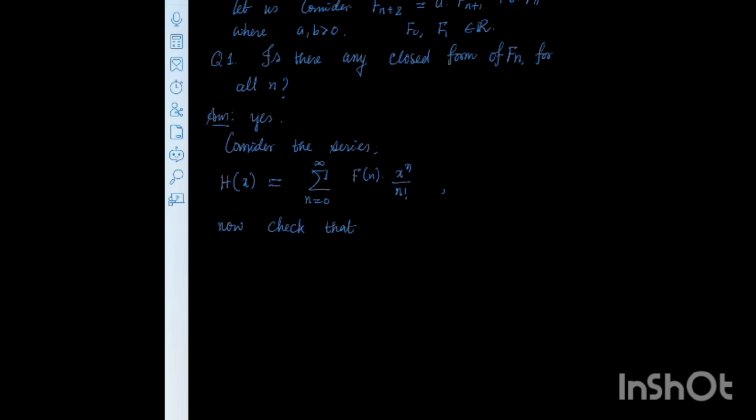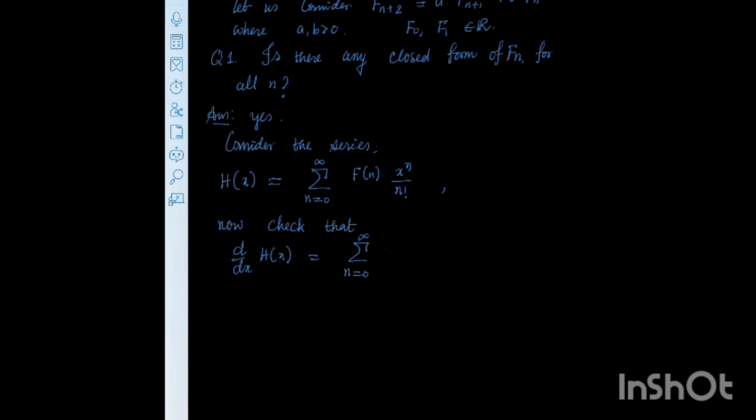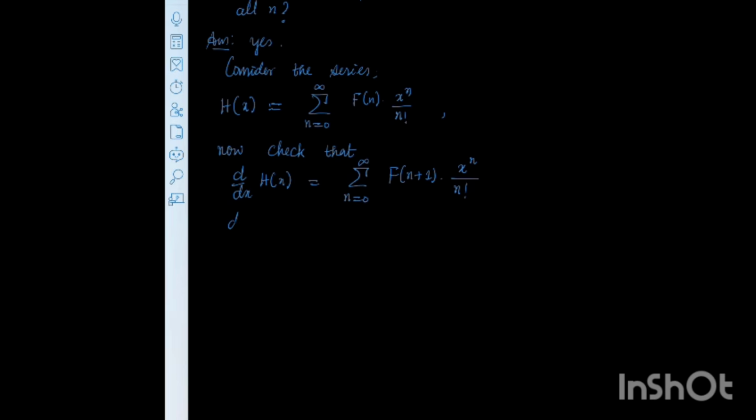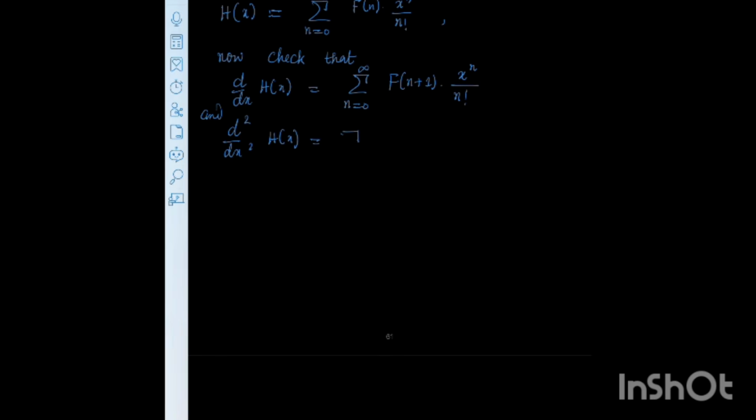Check that d/dx of h(x) equals the summation from n equals 0 to infinity of f(n+1) x to the power n by n factorial. And also check that d²/dx² of h(x) equals the summation n from 0 to infinity of f(n+2) x to the power n by n factorial.